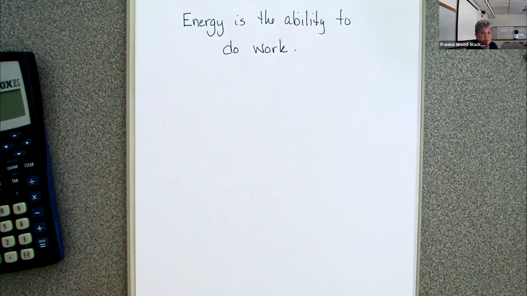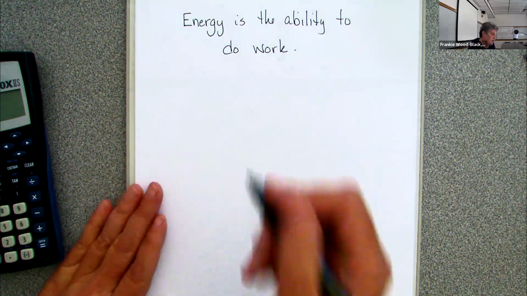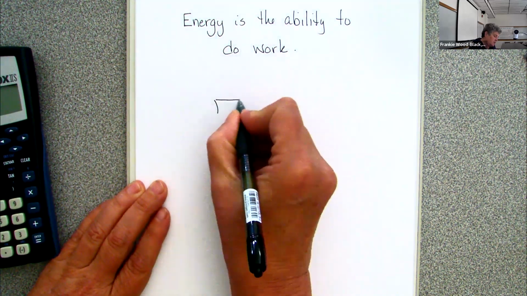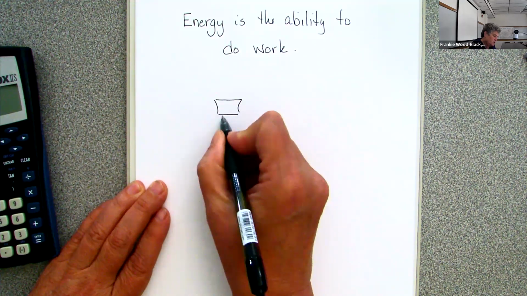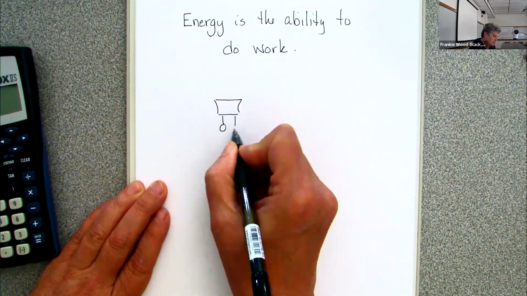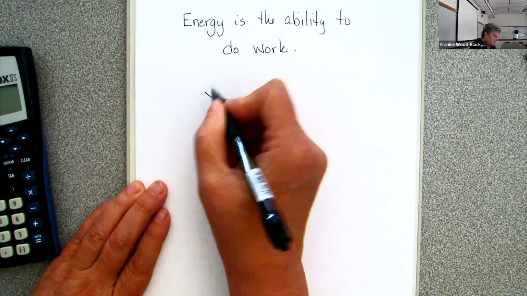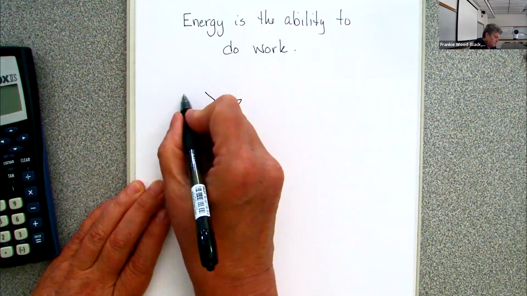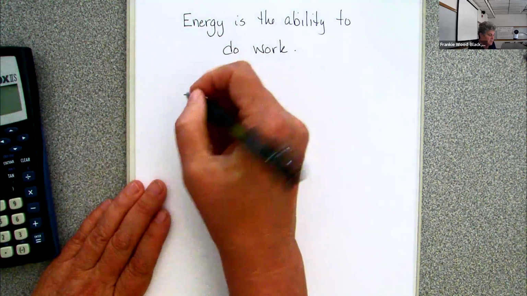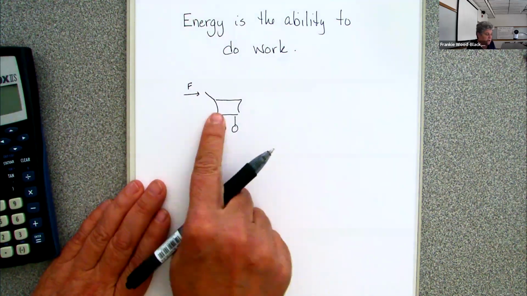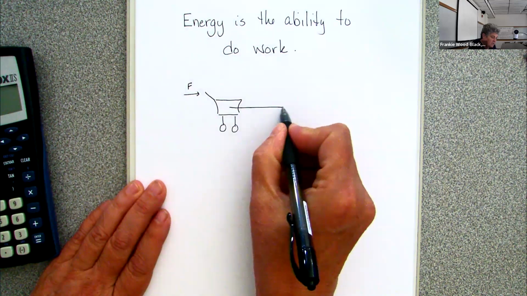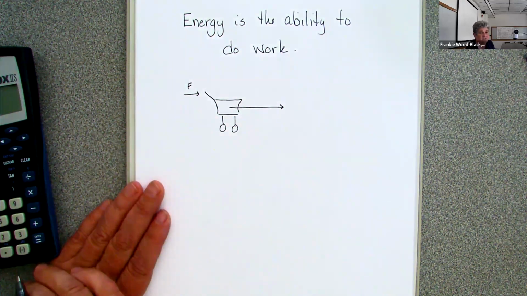Normally, when I first write this definition down, it doesn't mean anything. We've got the words there, but nobody's home because we don't really have a good handle on what work is. But if we look at our situation, which was originally our suitcase, let's look at our shopping cart. If I apply a force here to my shopping cart, our idea is to get it to move in that direction.